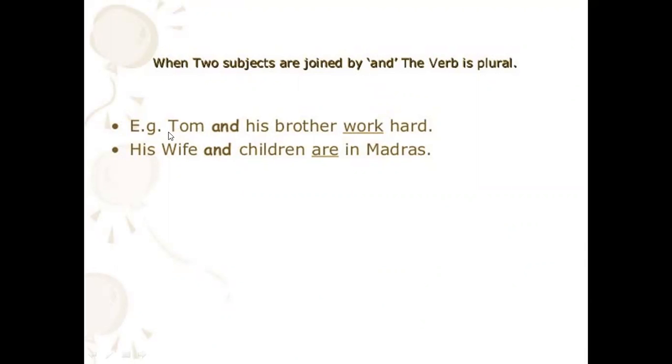For example, Tom and his brother work hard. Here Tom and his brother are two subjects joined by and, so the verb is in plural. His wife and children are in Madras. So here also, when two subjects are joined by and, the verb is in plural.